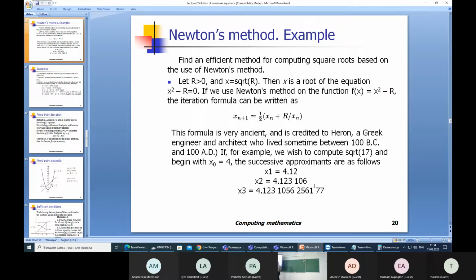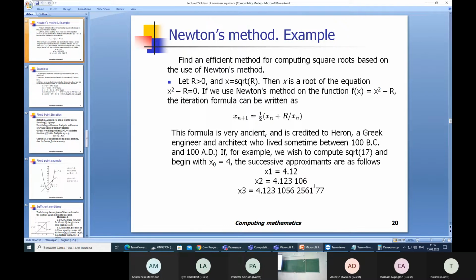Suppose that we are going to calculate square root of 17. How to find square root of 17? We know that square root of 16 is 4. And we can take 4 as initial guess, x0 equals 4. R is 17, of course.